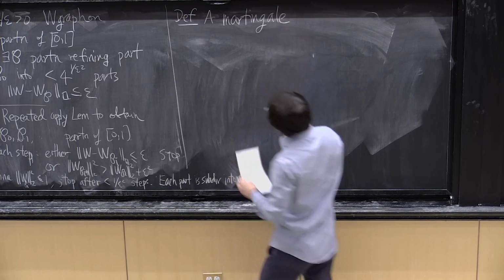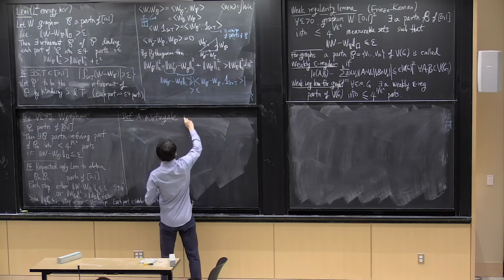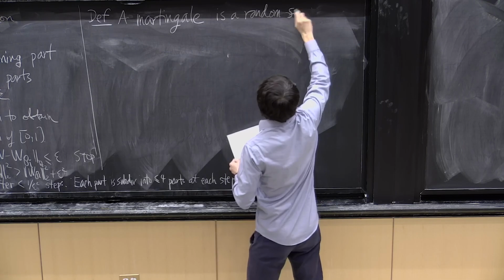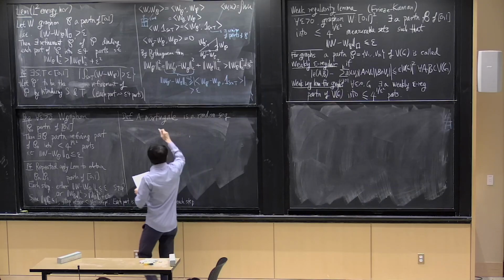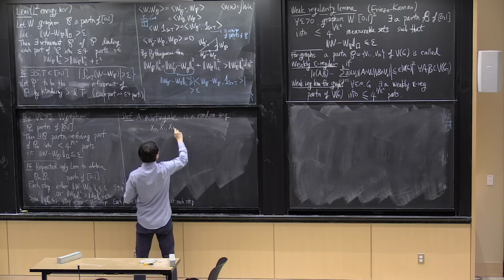A martingale is an important object in probability theory. It's a random sequence. We'll look at discrete sequences, indexed by non-negative integers.